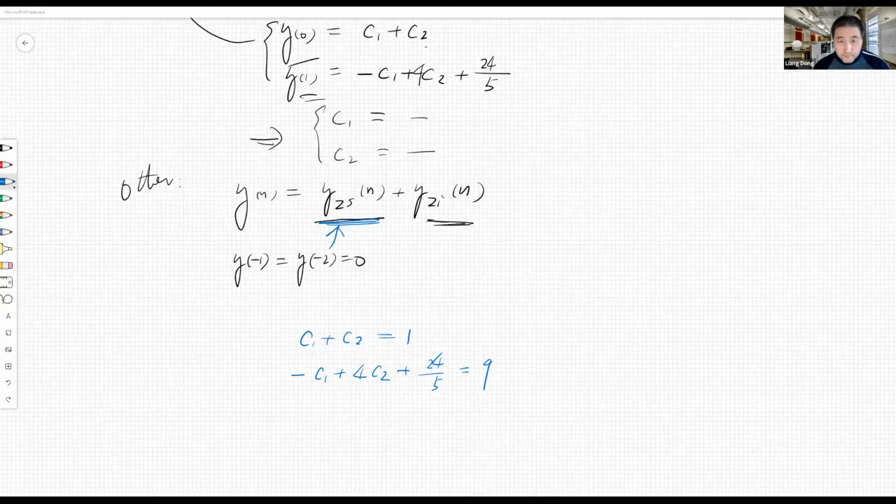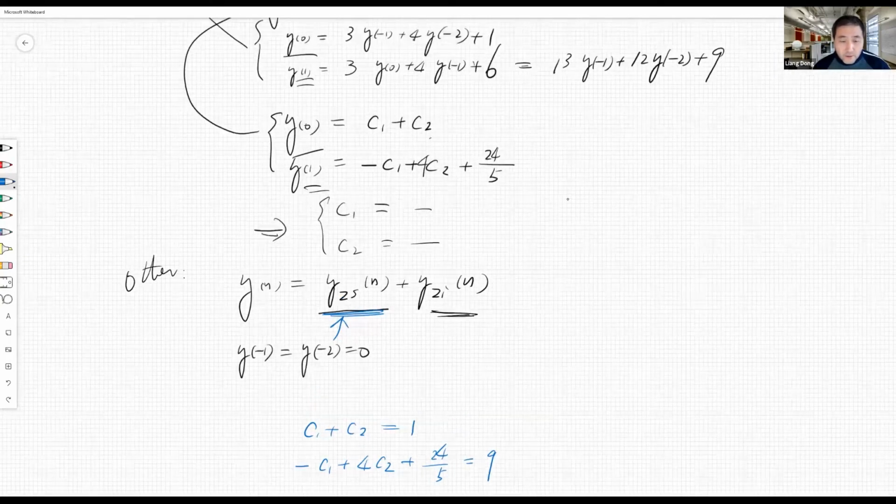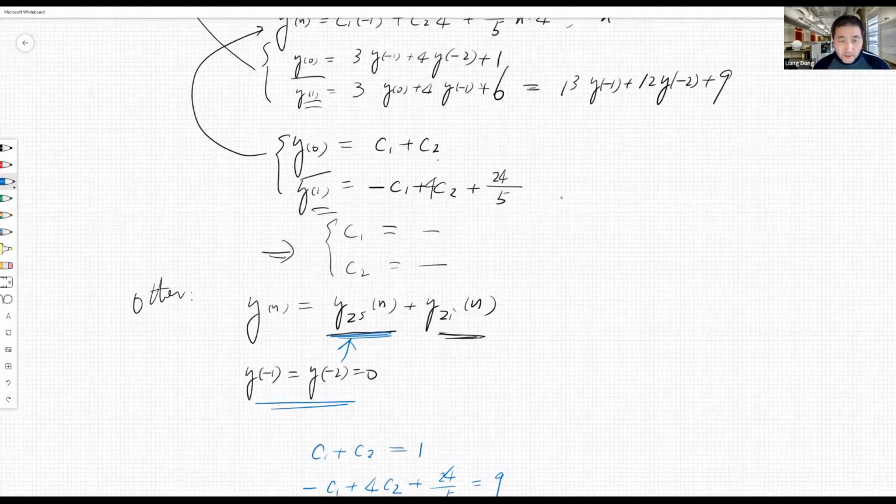Okay. Where does that come from? Well, you said it's 0 state. If this is all zeros, this is all 0, 0. So y0 equals 1. That's a 0 state, if initially the system is relaxed. So if this is 0, this is 0, and then I have y1 equal to 9.